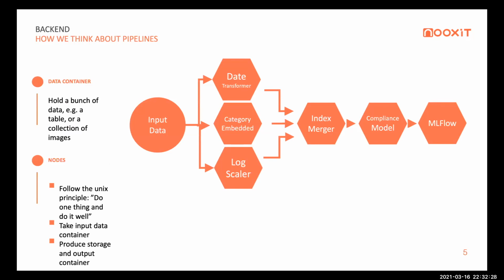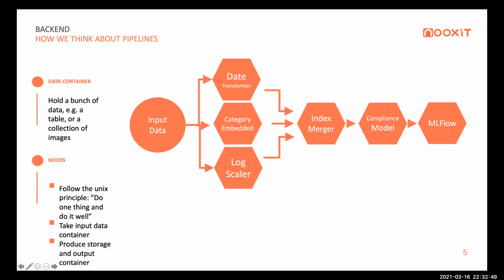So what we do internally for that is think about two things. We have data containers, which just hold some kind of data, for example, a table, like a pandas data frame, and they are stored in S3 or blob or whatever, maybe on your local hard drive.